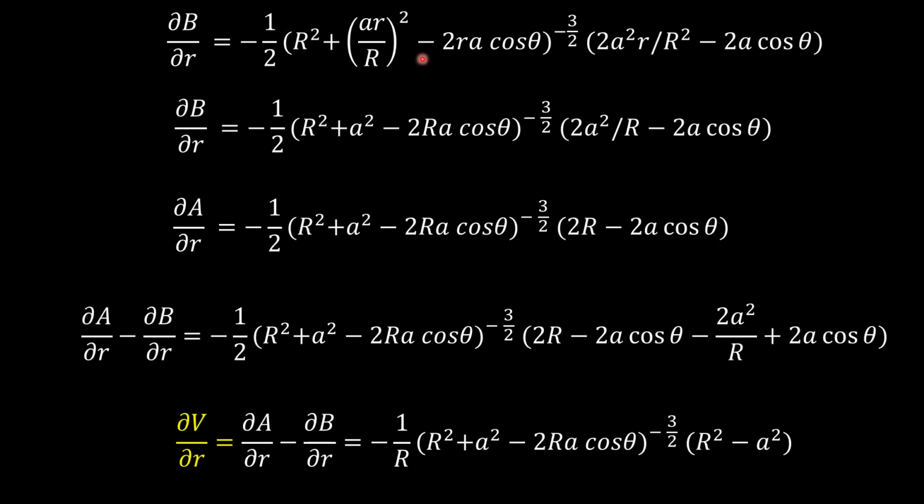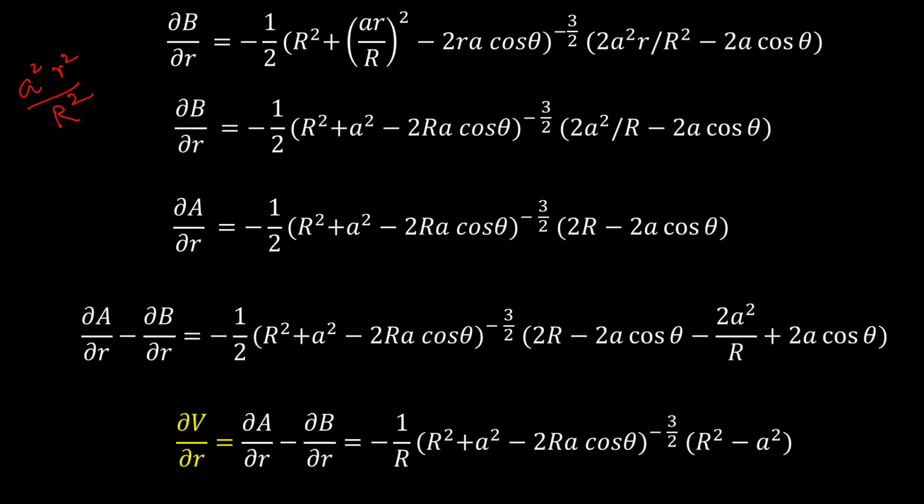Then you again differentiate the inside with respect to r. The first term will be 0. What about the second term? If you expand, you will get a squared r squared over capital R squared. If you differentiate this r squared, you will get 2r. Then you get 2r times a squared over R squared. And if you differentiate the third term, differentiating r with respect to r is 1, so this will become 2a cos theta.